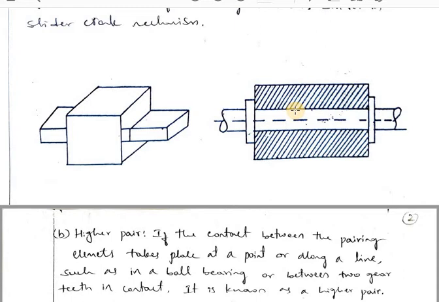Okay, that is nothing but shaft rotates in a bearing or rotation of crank in a slider crank mechanism is another example of a turning pair. Okay, so if the shaft is restricted for sliding and if it is allowed only for rotation, then it becomes the turning pair.